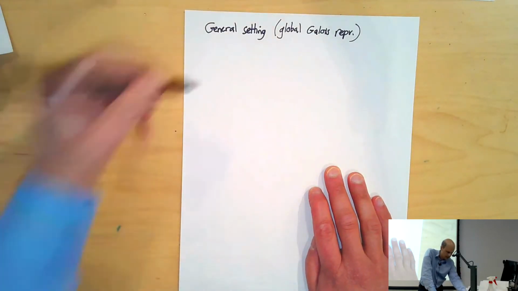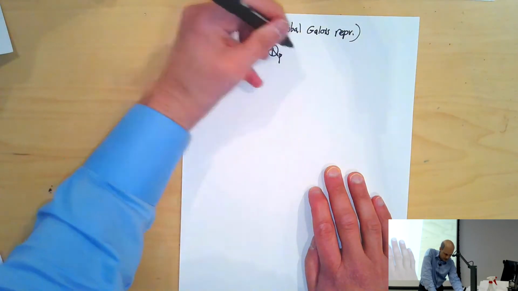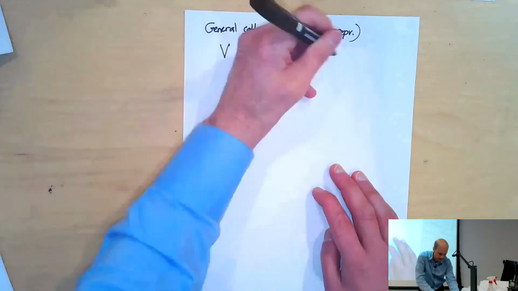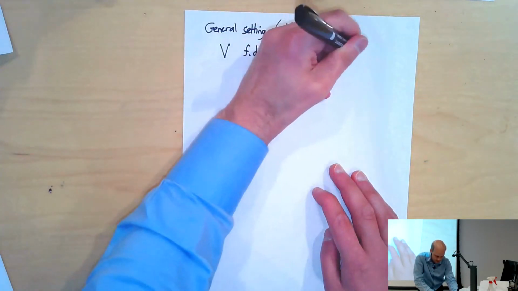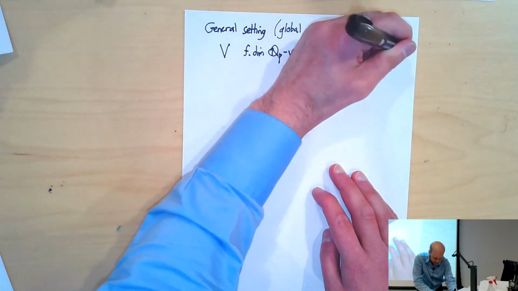So V is again a finite dimensional Q_p vector space, but now it has an action of a global Galois group, with continuous G_K action, where K is the number field.